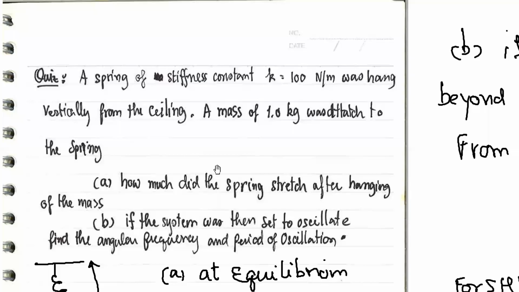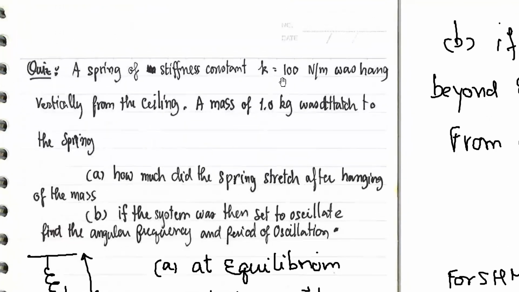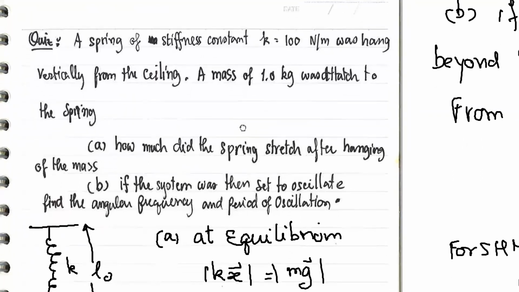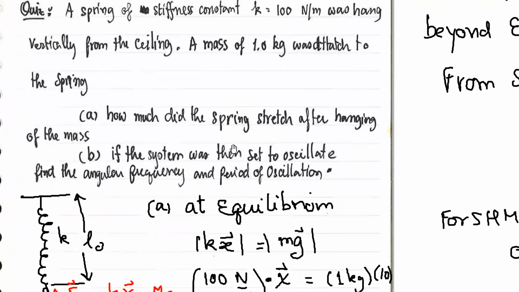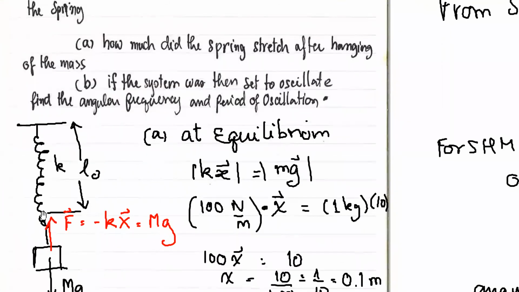Okay, let's get back to this question. Given k of 100 newtons per meter and a mass of 1 kilogram, how much does this spring stretch after hanging the mass? Well, when you hang the mass, the spring will stretch until the restoring force equals the weight.